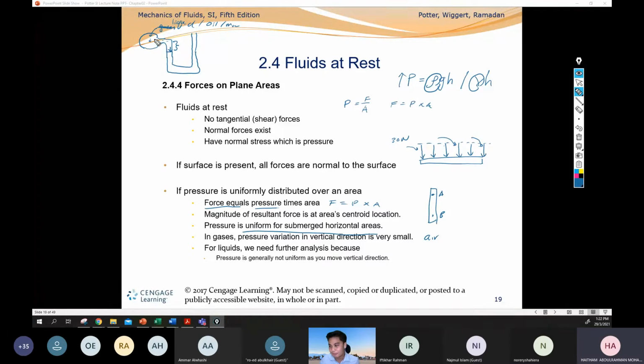Okay, for this statement, for the gases, the pressure variation in vertical direction is very, very small, because gamma and the density are very, very small. That is why when you deal with the manometer measurement, you measure the pressure level. For these cases, for example, this is gas, you can omit it.